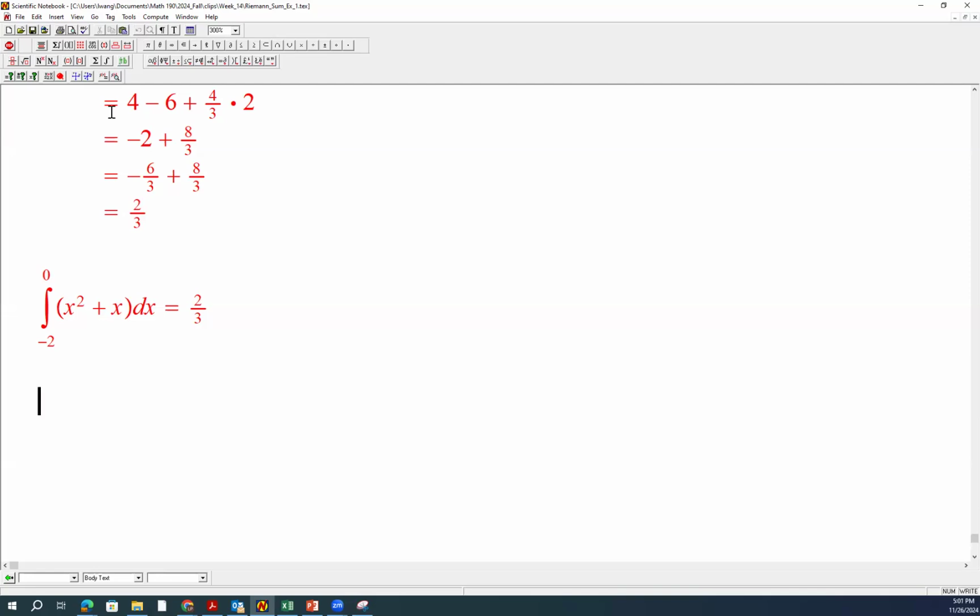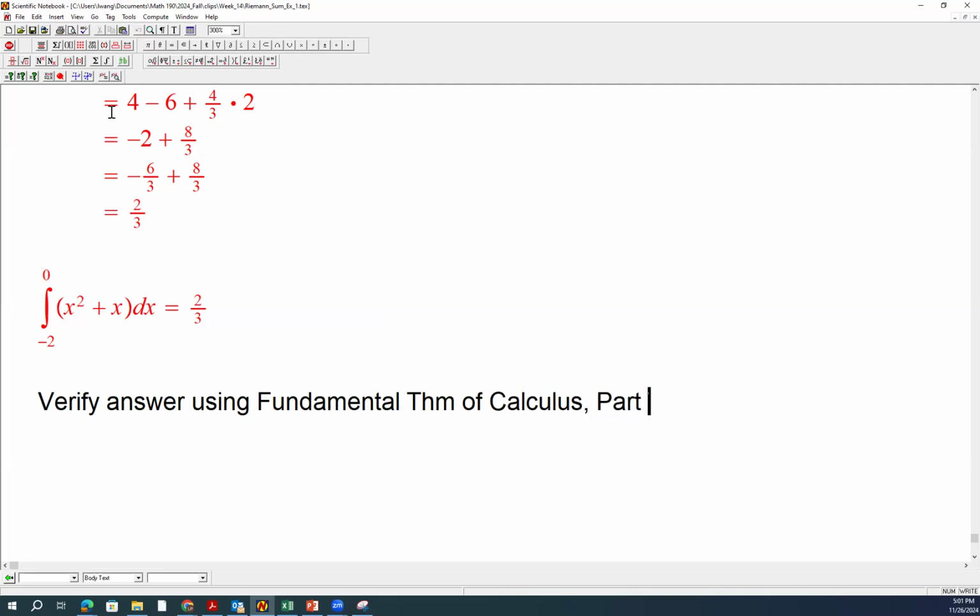Okay, so verify the answer using fundamental theorem of calculus part 2, right? So what do we get from here?